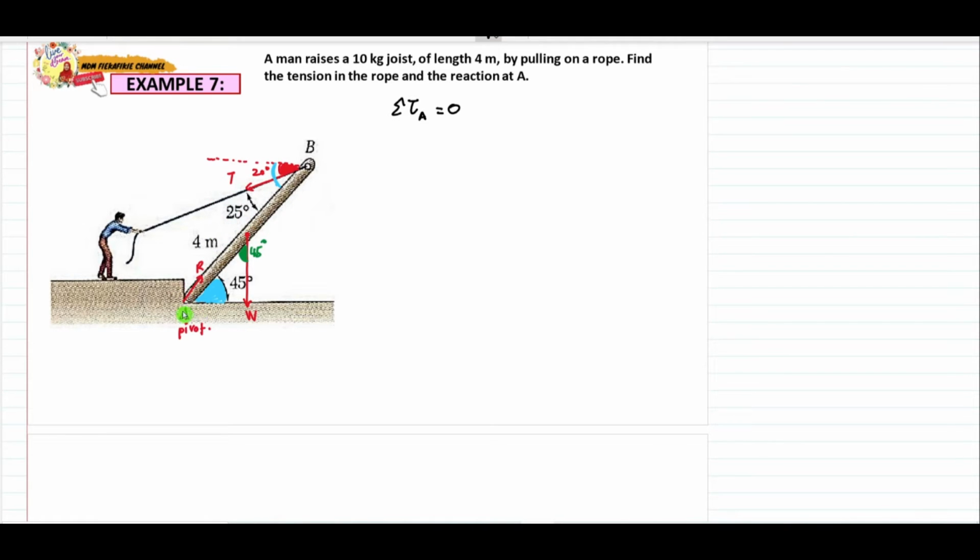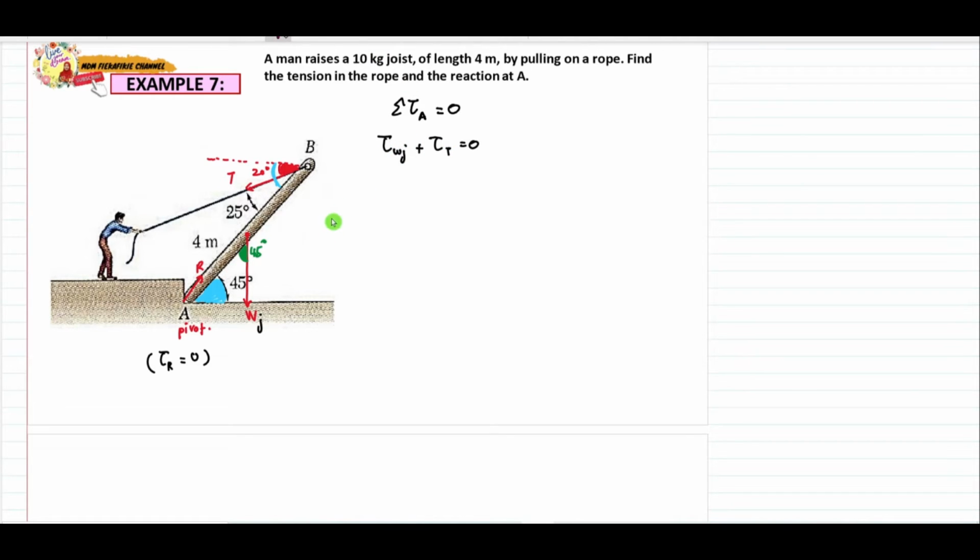So since this is the pivot, so torque due to the reaction force should be 0. And then we have weight of the joist, and then we have tension. So kita letaklah, torque due to the weight of the joist plus torque due to tension T equal to 0. Kita totalkan dulu and then we determine the direction.